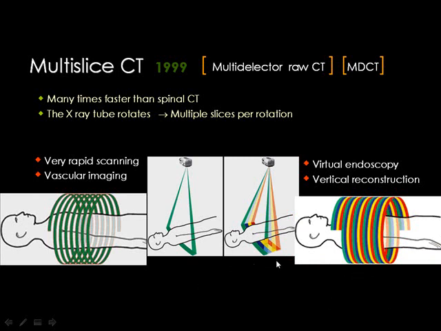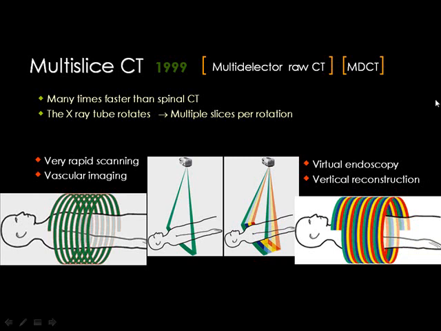Then by increasing the number of the detectors in front of the X-ray tube, we can have a very fast machine. And nowadays, we have the CT scan with 128 detectors and 256 detectors and 320 detectors, and the latest machine is 640 detectors in front of the X-ray tube. Then you can imagine the marked speed of the machine.